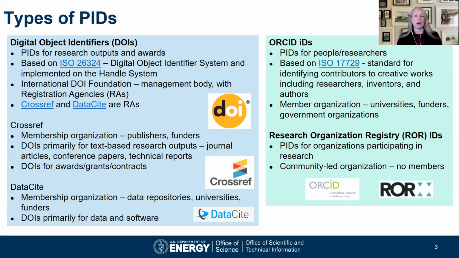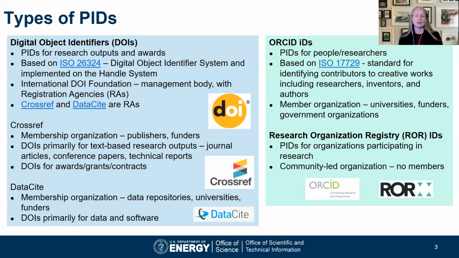It is completely free for any researcher to get an ORCID ID and to have an ORCID record that contains information that describes the researcher, basically an online CV. But they also have membership organizations such as universities, funders, or government organizations that are ORCID members, which have the ability through their membership to get permission to interact with those researcher ORCID records.